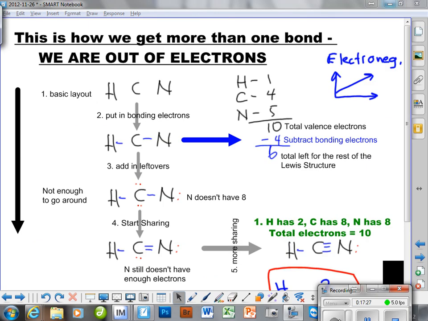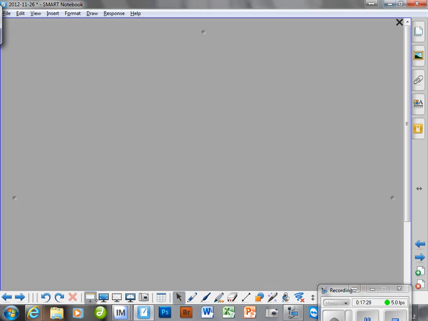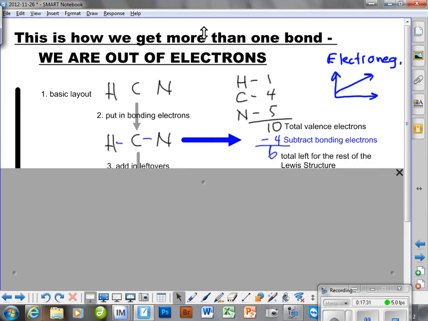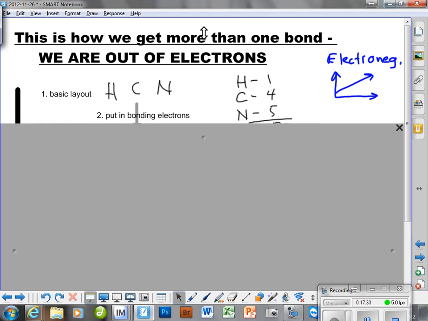So before we actually did the stuff that we were just talking about, I started out with this screen, and I showed HCN, hydrocyanide, so we have hydrogen and carbon and nitrogen. And so the next thing we have to do is figure out our numbers.